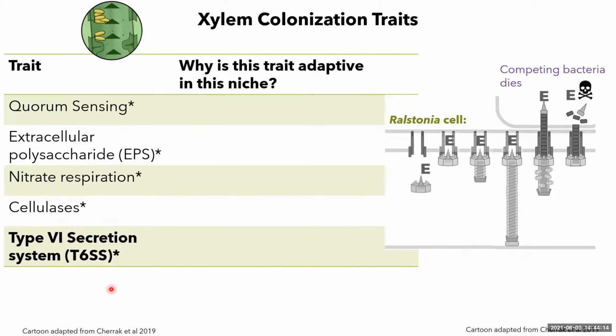Ralstonia also has this really cool molecular machine called a type 6 secretion system. This is a fairly recent secretion system, in that it was discovered a decade ago as opposed to like 30 or 40 years. And this is a multi-protein machine that acts like a spear. With this secretion system, bacteria, gram negatives, I think, are the only ones that have this, are able to load effector proteins onto the tip of the spear and then stab them into a neighboring cell and deposit them.